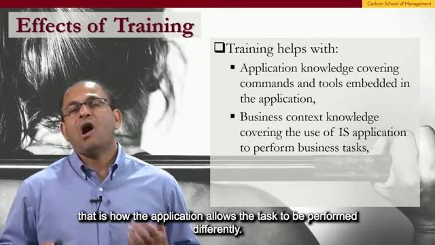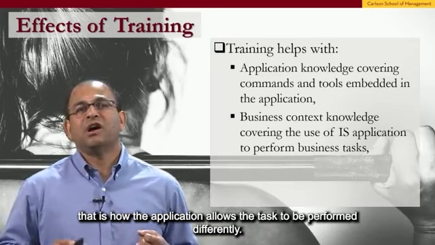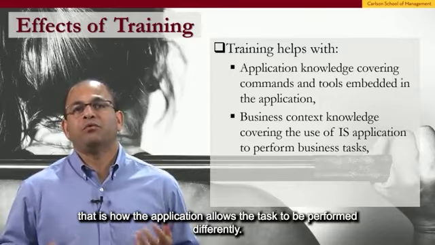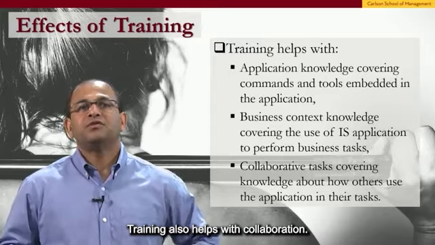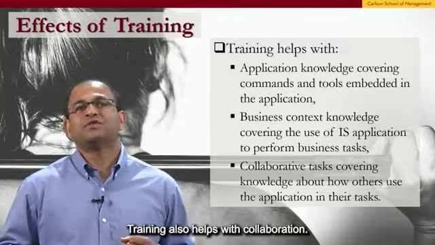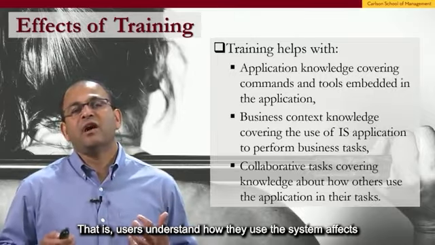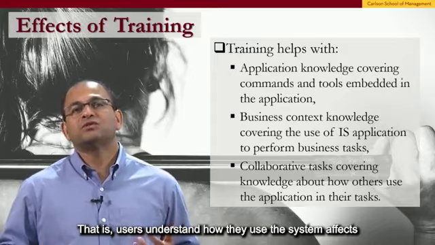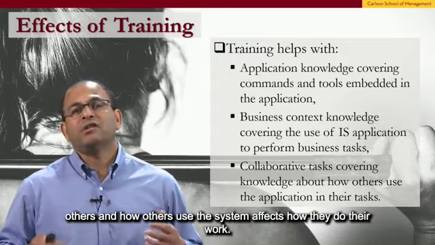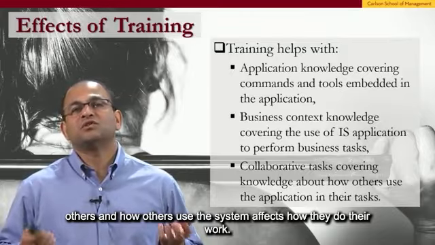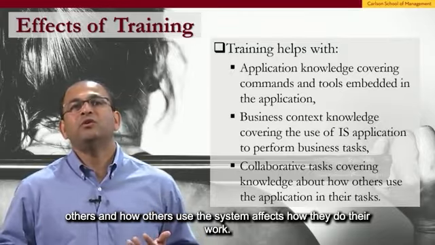That is, how the application allows the task to be performed differently. Training also helps with collaboration. That is, users understand how they use the system affects others, and how others use the system affects how they do their work.